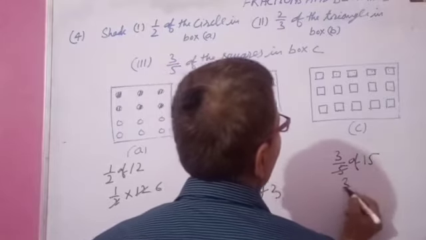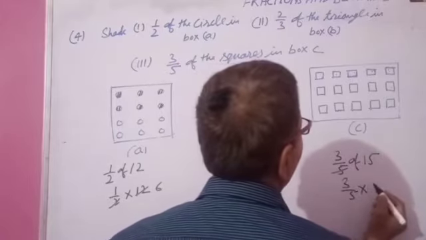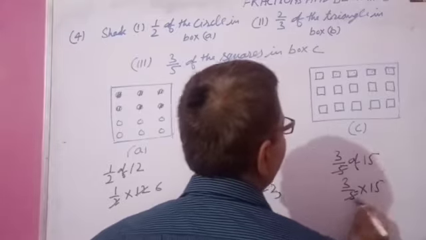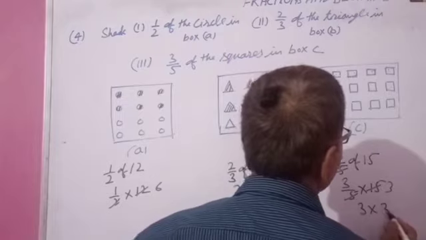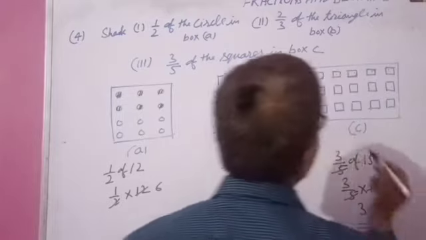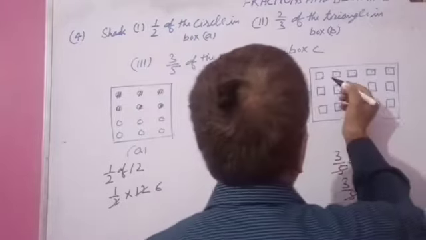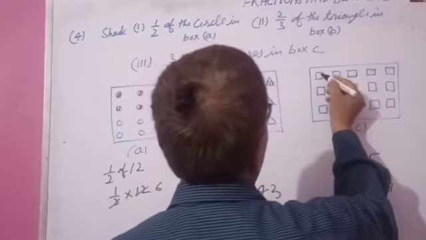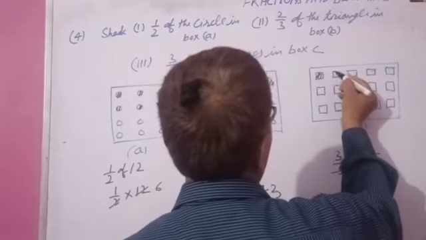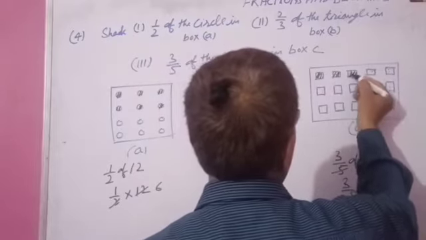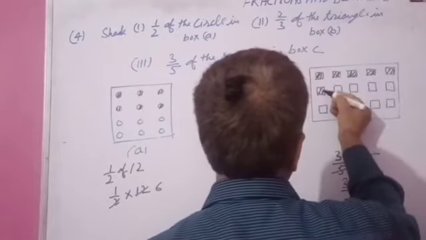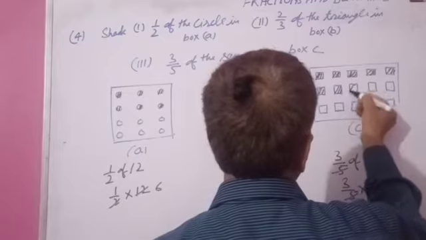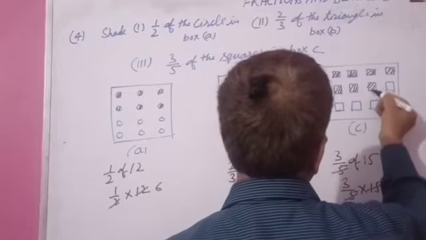Then 3 upon 5 multiplied by 15. 5 3s are 15, 3 3s are 9. You will shade 9 squares. 1, 2, 3, 4, 5, 6, 7, 8 and 9.